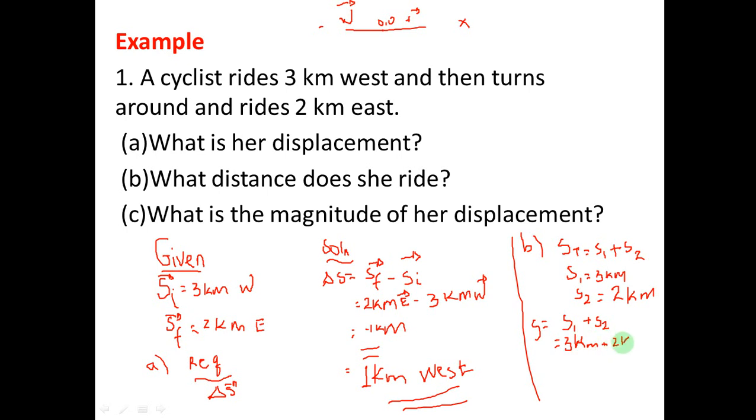When we add them, we get 5 kilometers. This example clearly explains the basic difference between distance and displacement. When you talk about distance, we are talking about the entire journey, but when you talk about displacement, we are talking about change in position. When you talk about change in position, there is direction.